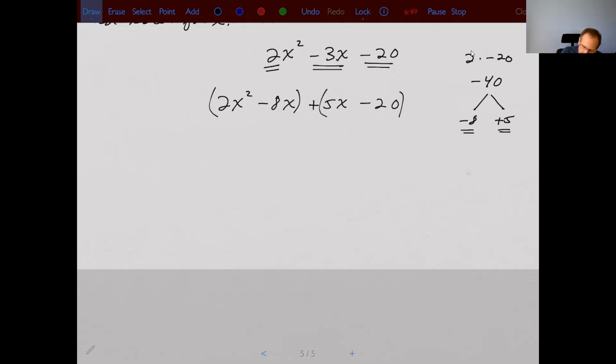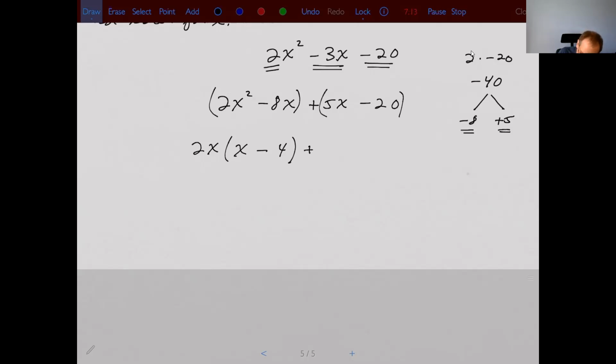What's the largest thing I can pull out of the first group? Well, it looks like the largest thing I can take out is 2x. And I'm left with x minus, let's see, I guess it's 4, right? Now, I would like to factor something out of the second group so that I'm also left with x minus 4. Is there something I can take out? Yeah, if I take out a positive 5, I guess, right?